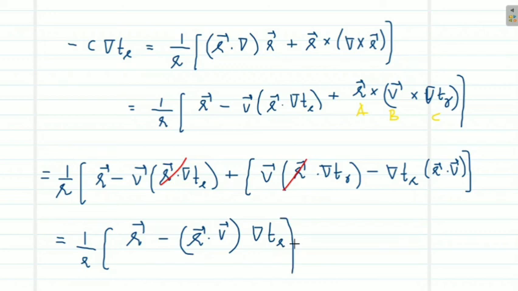So we need to find the expression for del tr. So let us collect the terms with del tr together. So I am going to multiply: minus rc del tr is equal to r bar minus r bar dot v bar into del tr.